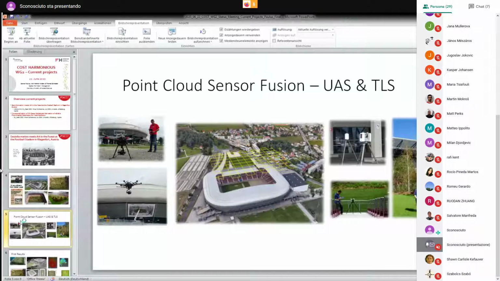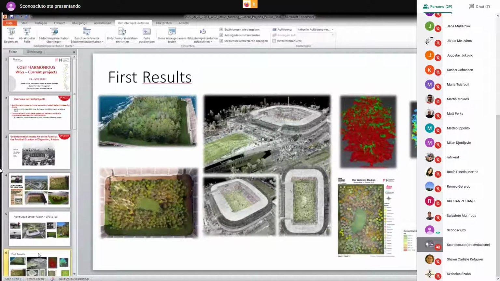So just to show you some of the results. First, on the one hand, the orthoimage mosaic with a resolution of 6 millimeters.